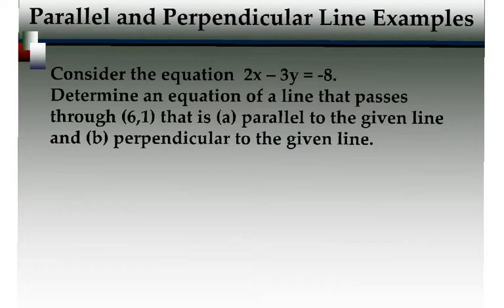Remember, parallel means same slope, perpendicular means negative reciprocal. So the first step in parts A and B is to find the slopes of the equations we're going to come up with. For part A, we need the same slope, and for part B, we need the negative reciprocal.